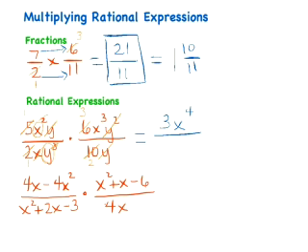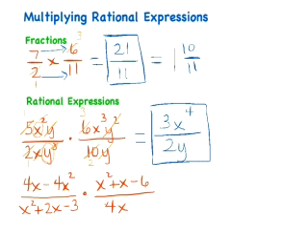In my denominator, I'm left with a y and a 2. And so that's going to leave me with 2y. And so this now is my simplified answer to the multiplication of these two rational expressions.